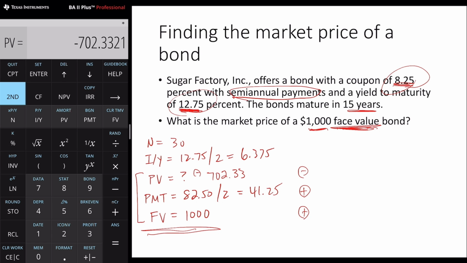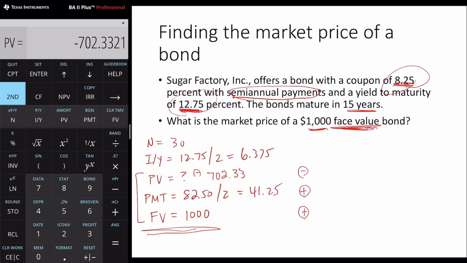Importantly, what this tells me is that I need to price the bond so that a coupon rate of 8.25% is attractive to investors in a market that is paying 12.75%. Does that make sense? If I have bonds that are paying only 8.25% and the rest of the market is paying 12.75%, nobody's going to want to buy my bonds. So what do I have to do? I have to lower the price.